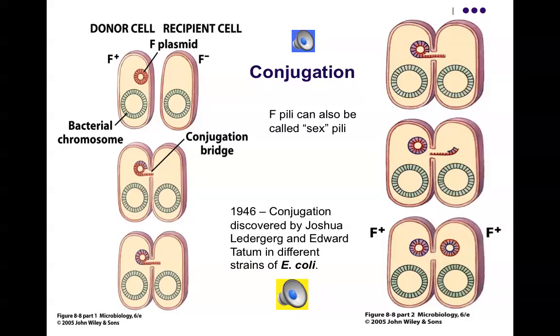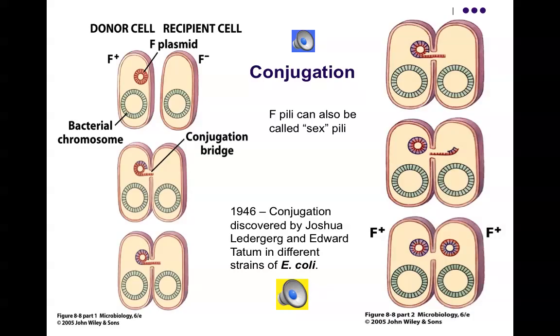Now, when we have the F pili on the surface of the F+ cells, this pilus can serve as a conjugation bridge or connection between the F+ cell and the F- cell. So if you take a look on the left-hand side, you can clearly see the middle image shows the attachment of the F+ cell to the F-, and notice what's happening along the conjugation bridge.